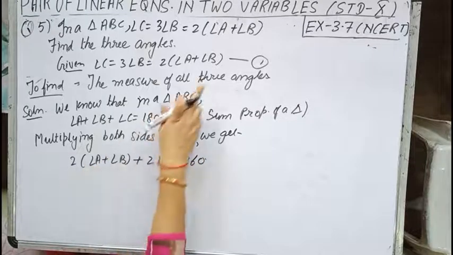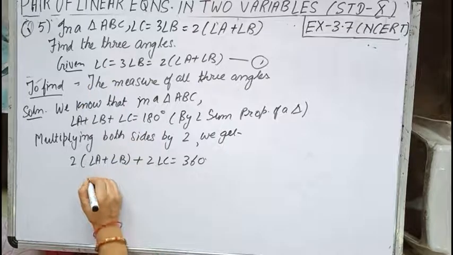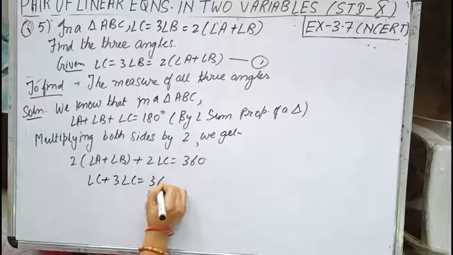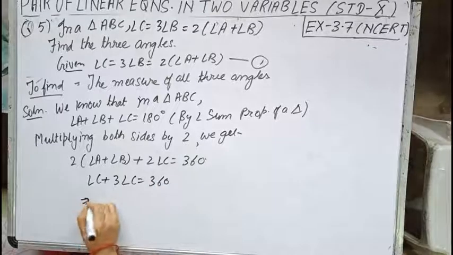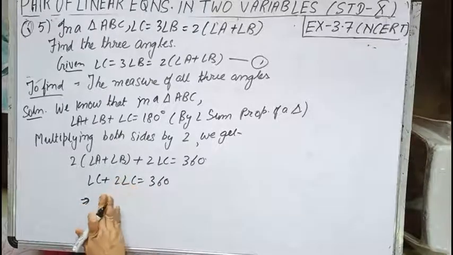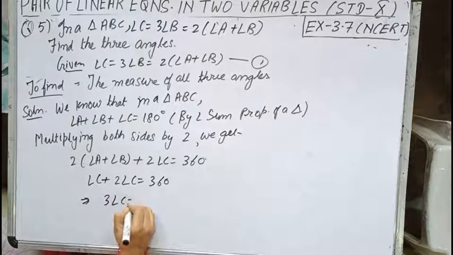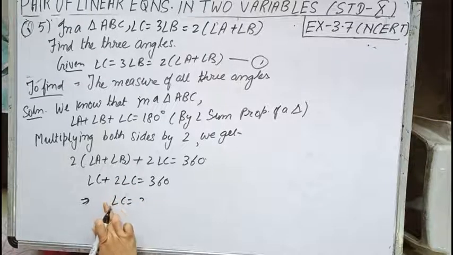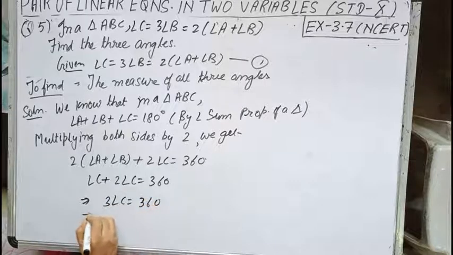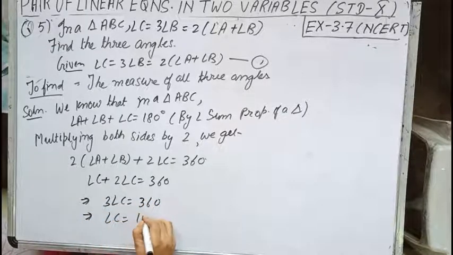Now in place of twice of A plus B, I will put C. So angle C plus thrice of angle C equals 360 degrees. This implies thrice of angle C equals 360 degrees. This implies angle C equals 120 degrees.